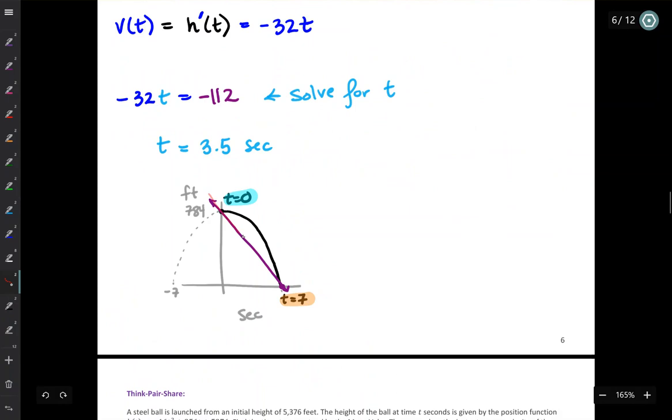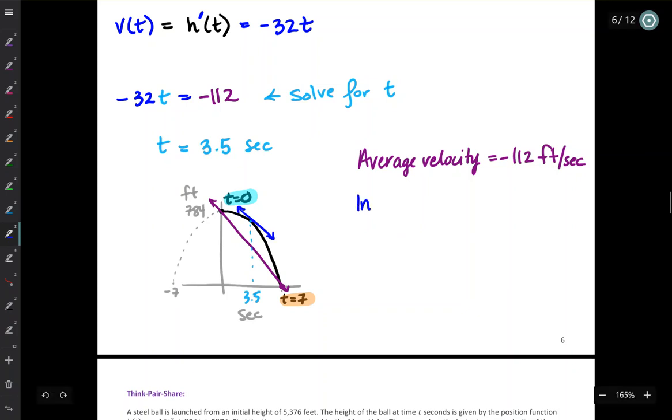My average velocity, the slope of my secant line, is minus 112 feet per second, right? My average velocity is minus 112 feet per second. The instantaneous velocity at 3.5 seconds is the slope of this tangent line.